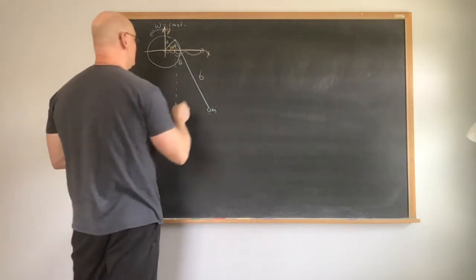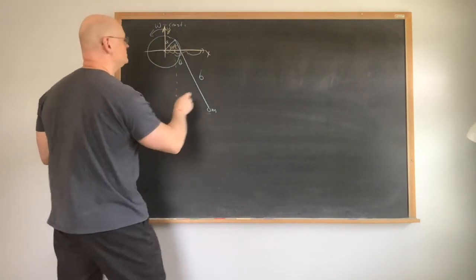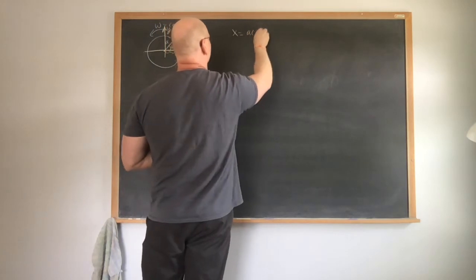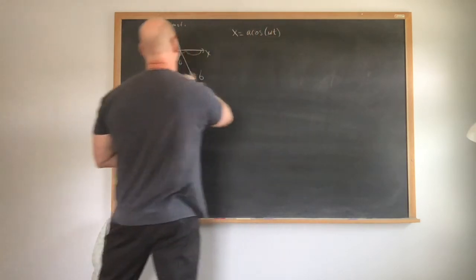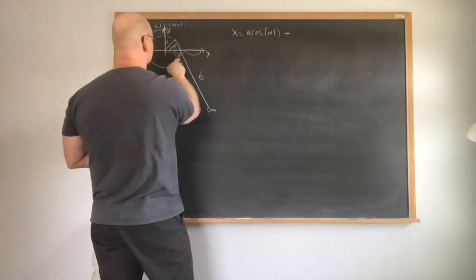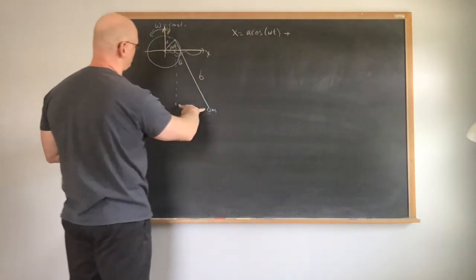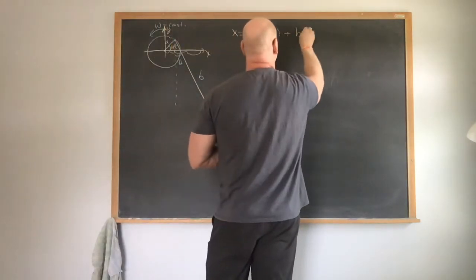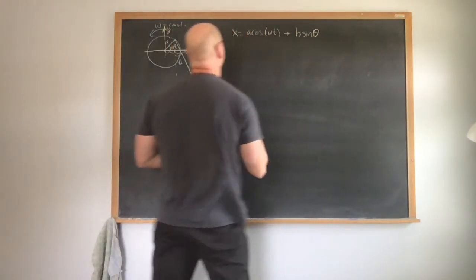So for the x direction, x is going to be equal to a times cosine of omega t, because that's just this portion, plus this portion, which is the sine portion of b. So it's going to be b times sine of the angle theta.